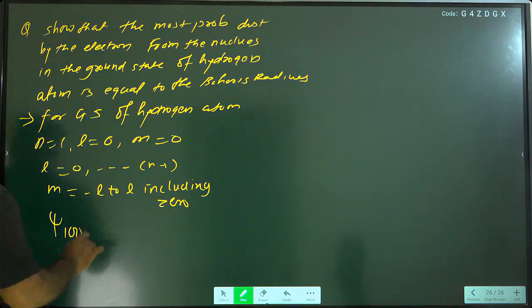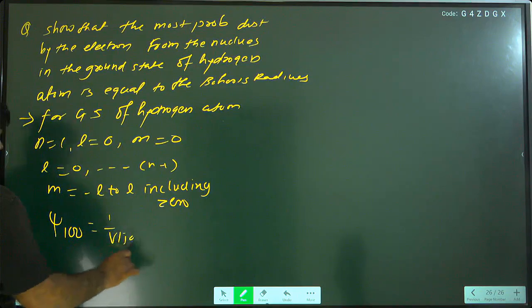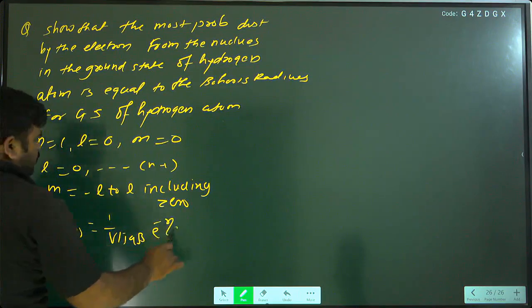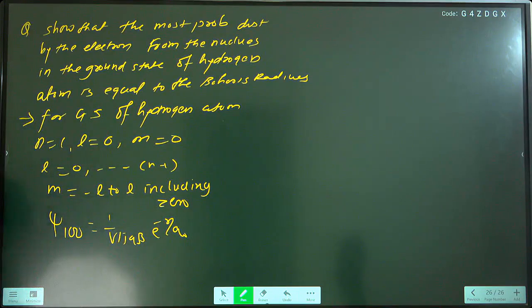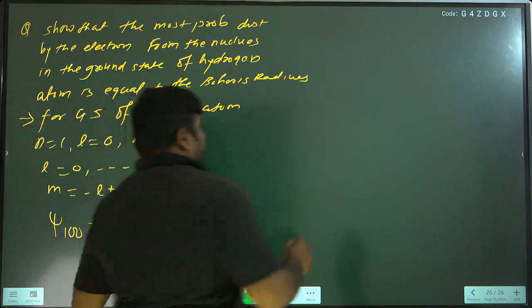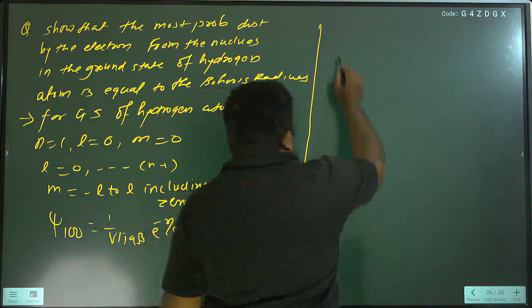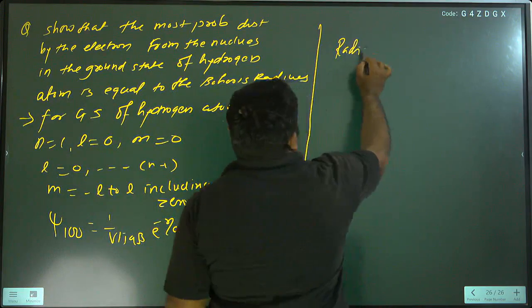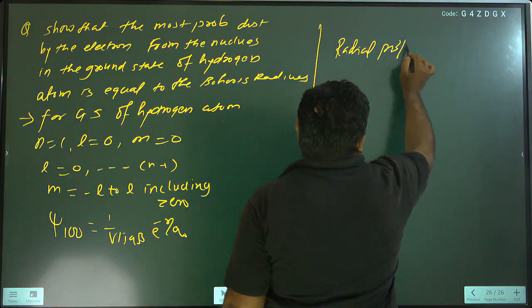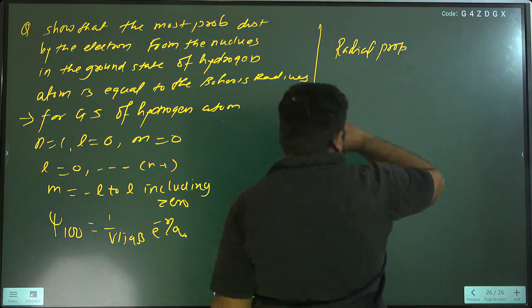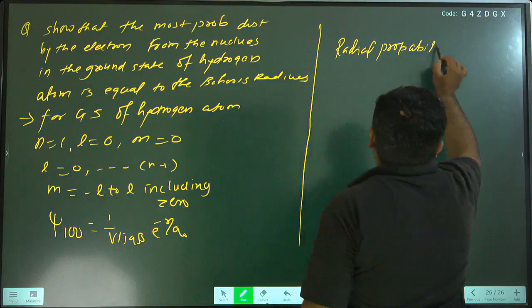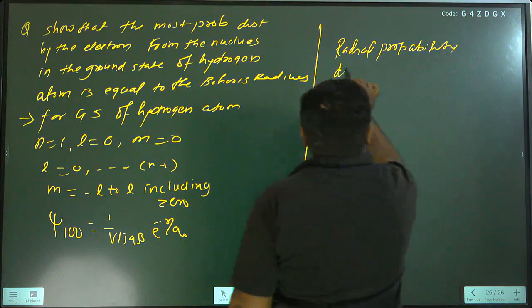Okay, what is the wave function? Psi 100 is equal to 1 upon under root pi a naught cube e to the power minus r upon a naught. Okay. What is the radial probability density?